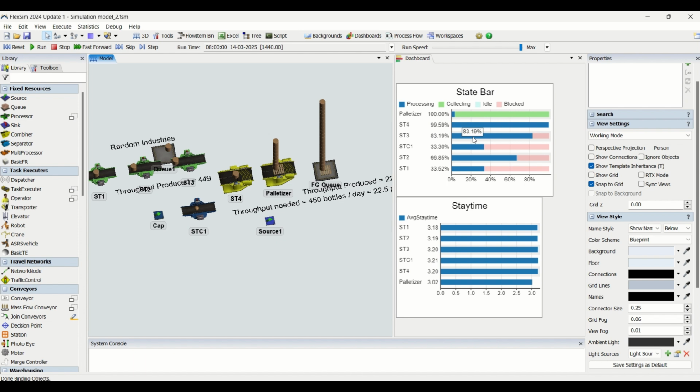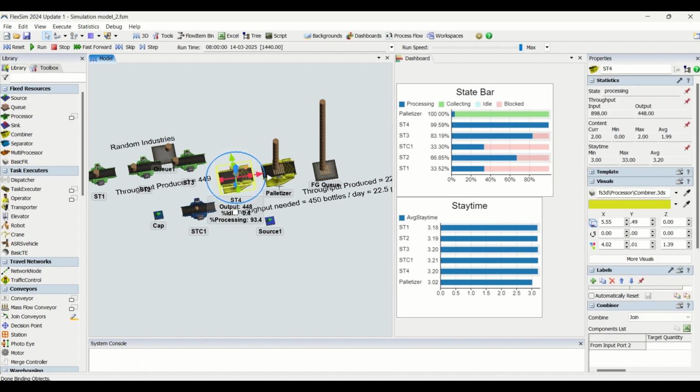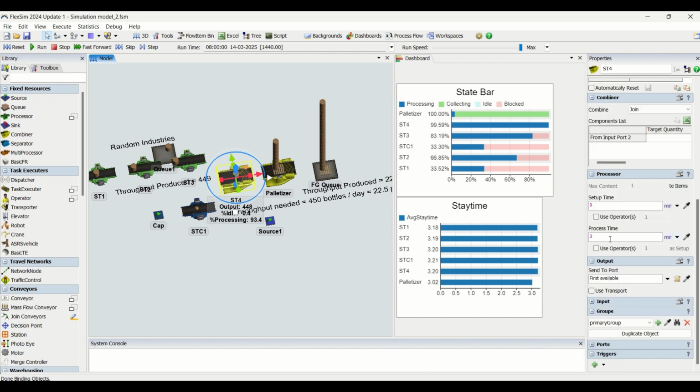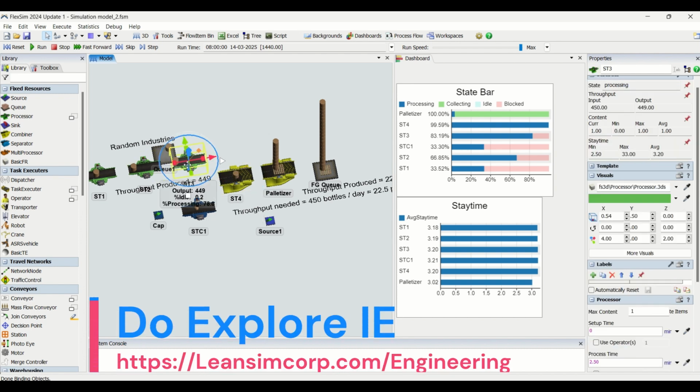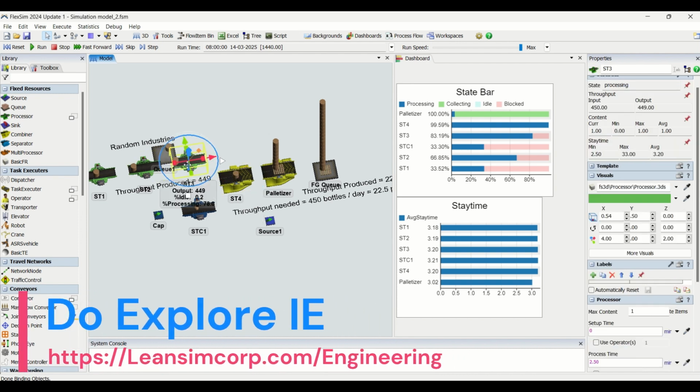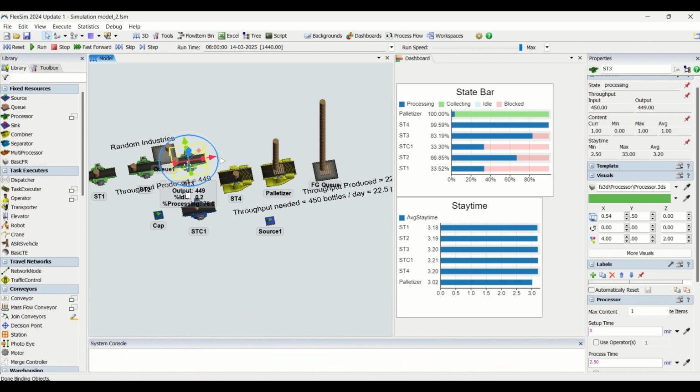For ST4, the cycle time is 3 minutes, and for ST3 it is 2.5. If you remember, we were discussing that we need 2 operators here, reducing the cycle time by half, or a cycle time improvement from 5 minutes, and only then would you get your demand per day. But to achieve the forecasted target of 675 per day, let us see what has to be done.